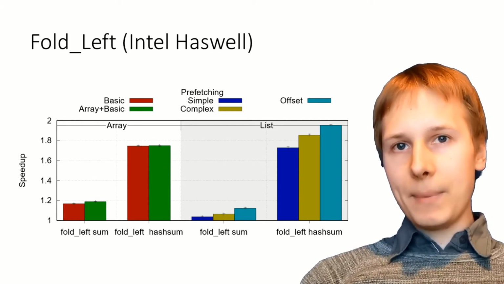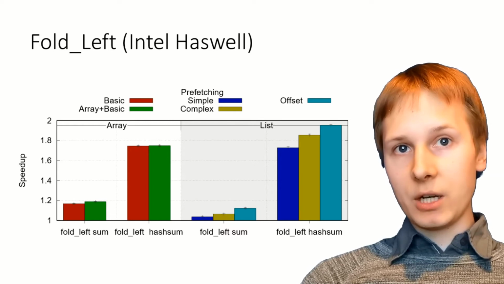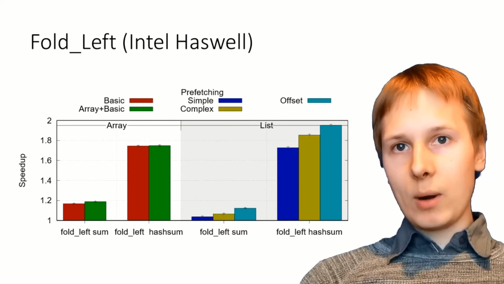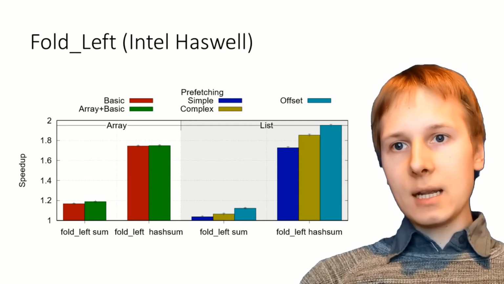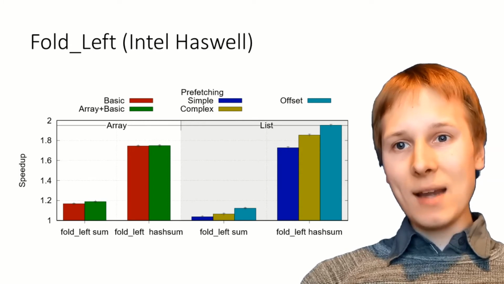For linked lists in particular, we see that the final bar, which encompasses both complex and offset prefetching, is needed for the best results, even with our hardware prefetcher turned on, but even the simple prefetching with lots of redundant walking still gains us quite a large speedup.